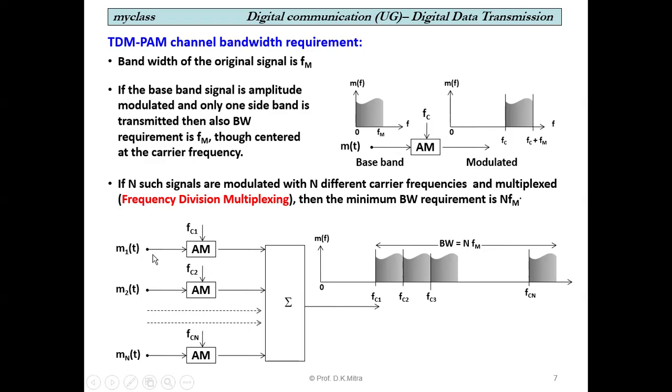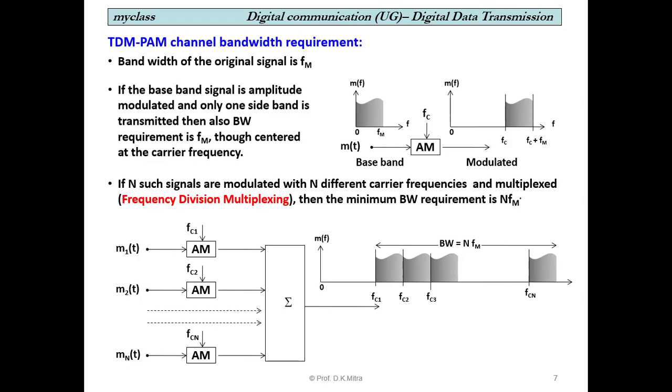The first signal produces a band of FC1 to FC1 plus FM, and you choose FC2 equal to FC1 plus FM. So it produces a band from FC2 up to FC2 plus FM, and you choose FC3 as FC2 plus FM. This way, for n channels, you need n times FM.